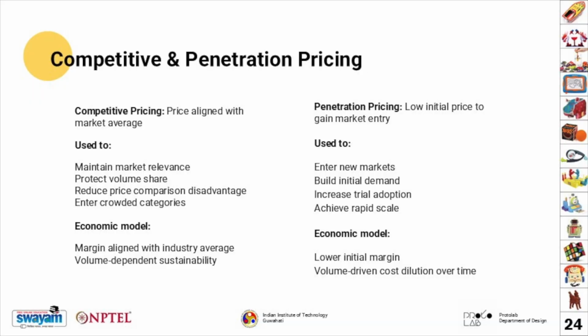Competitive pricing means observing the market and positioning your product within an existing price band. If most similar toys retail between rupees 799 and rupees 999, you may choose to position within that range to remain viable. Penetration pricing goes further. It deliberately sets a lower price to enter the market quickly, gain market share, and build familiarity.